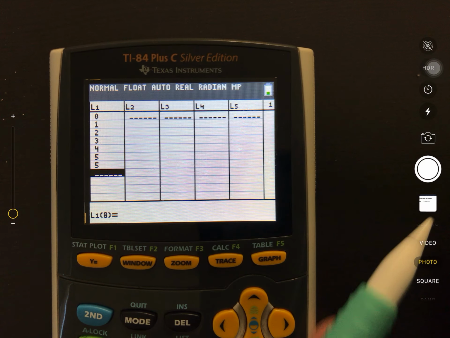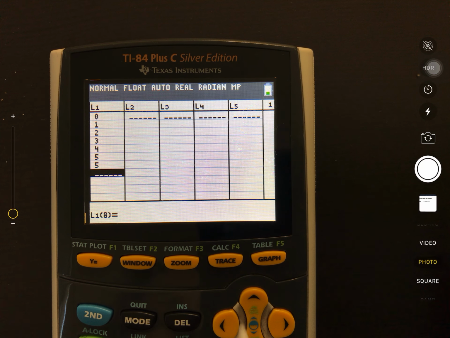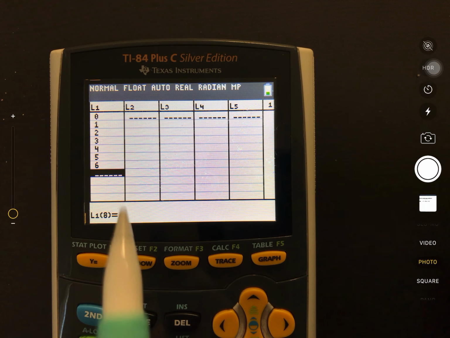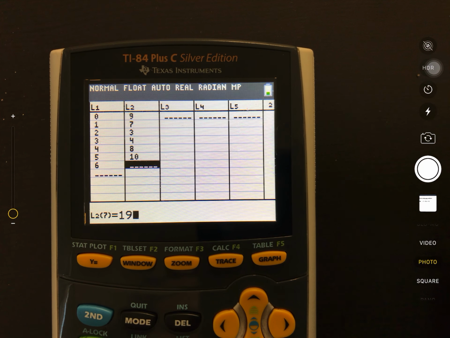Let's see if I can... is that better? Oh yes, that's a lot better, okay. So let's say I typed 5 twice by accident when there's actually a 6 there. What you do is you just go back to the number that you messed up and type in a 6, then hit enter and it'll fix. So you have 0, 1, 2, 3, 4, 5, 6, because that's our X column. And then we're moving on to L2, I have 9, 7, 3, 4, 8, 10, and 19.